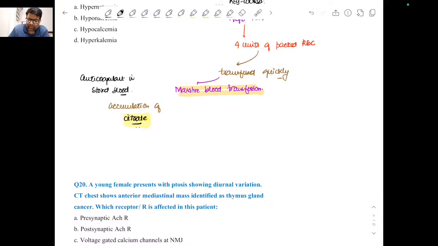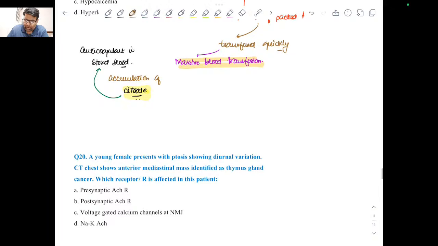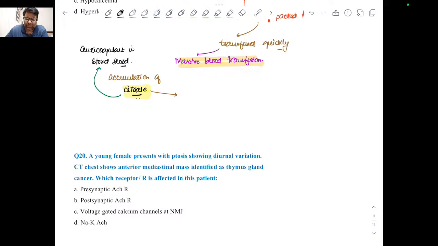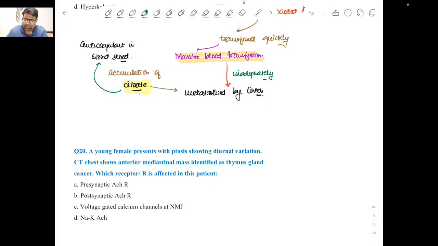So the blood which we are storing, we add an anticoagulant, and that is citrate. And when we give blood transfusion, this citrate is metabolized by the liver. But if you do massive blood transfusion, this is not adequately metabolized, because we are giving too much workload to the liver, so it cannot metabolize all the citrate.